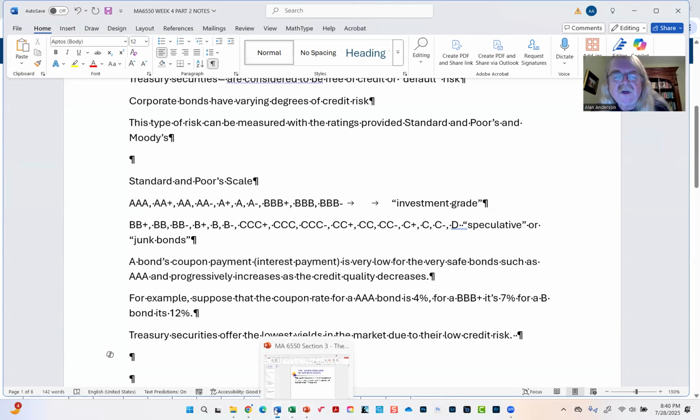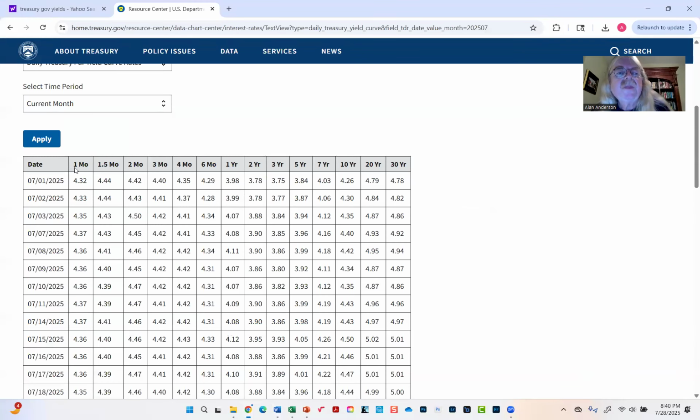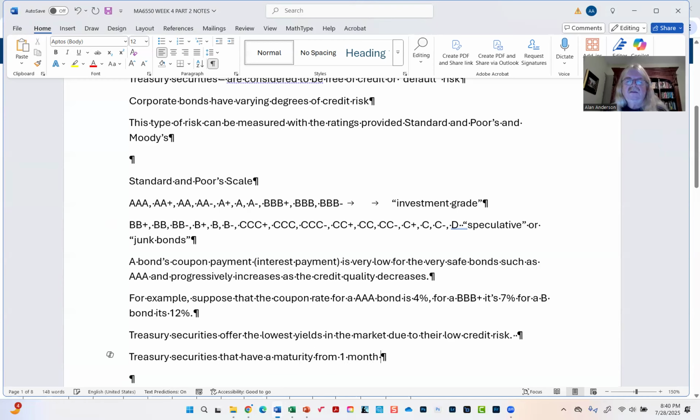Now, as far as all these different maturities are concerned, by the way, the way they're classified in the market is there are different names associated with these different maturities. The ones that range from 1 month to 1 year are known as treasury bills.